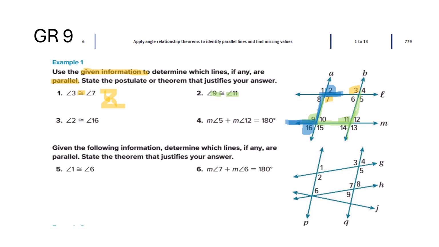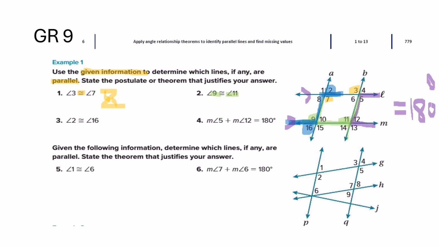Angle 5 plus angle 12 is equal to 180 degrees. So when we calculate the value of angle 12 and angle 5, if they are equal to 180 degrees, then we know that line L is parallel to line M.